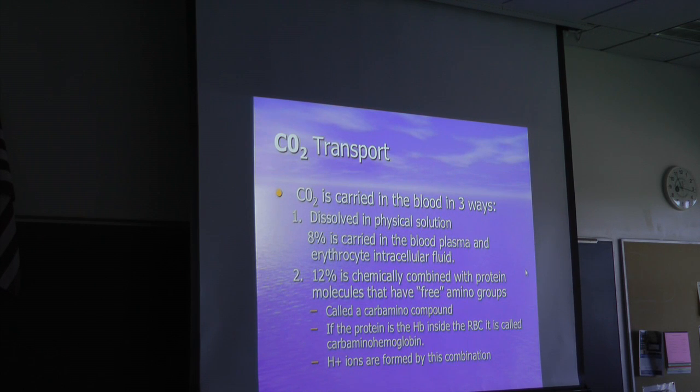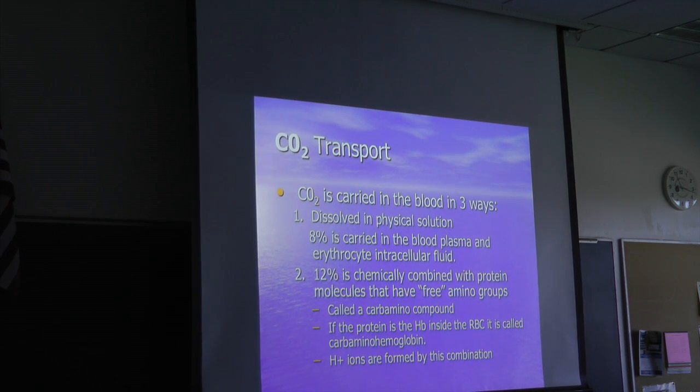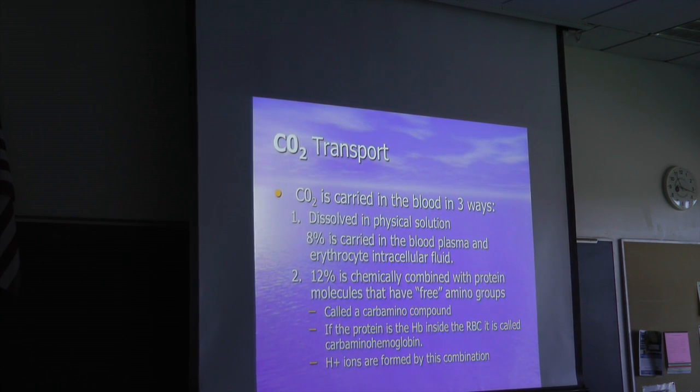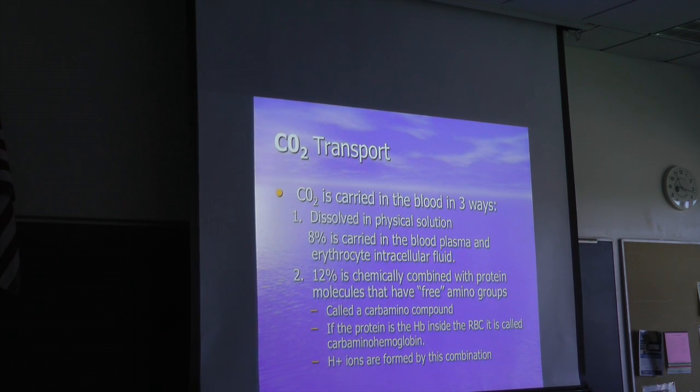12% is chemically combined with protein molecules that have 3 free amino groups. I need to draw an amino group for you. All right, so it's far away, it's in the dark.